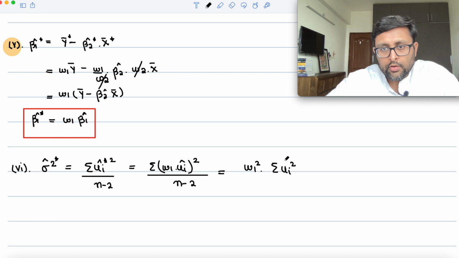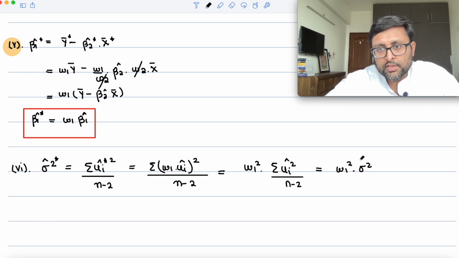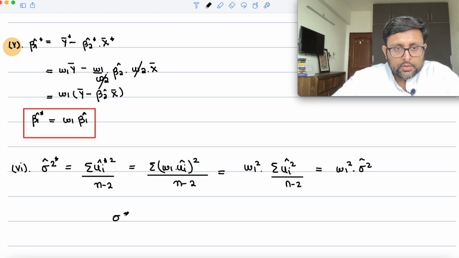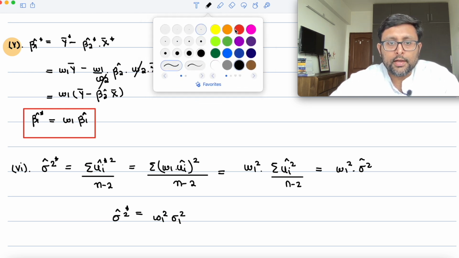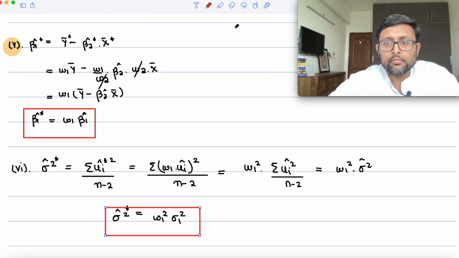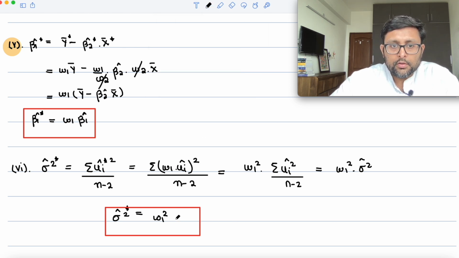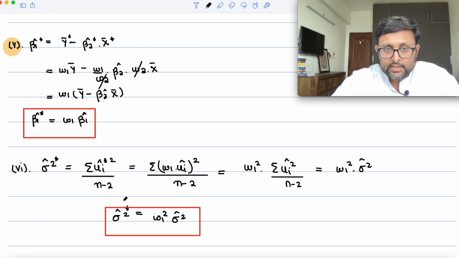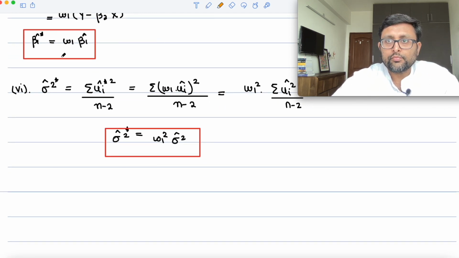This is ui hat square all upon n minus 2. What is this? This is nothing but just sigma square hat. So sigma square hat star is W1 square sigma square hat.